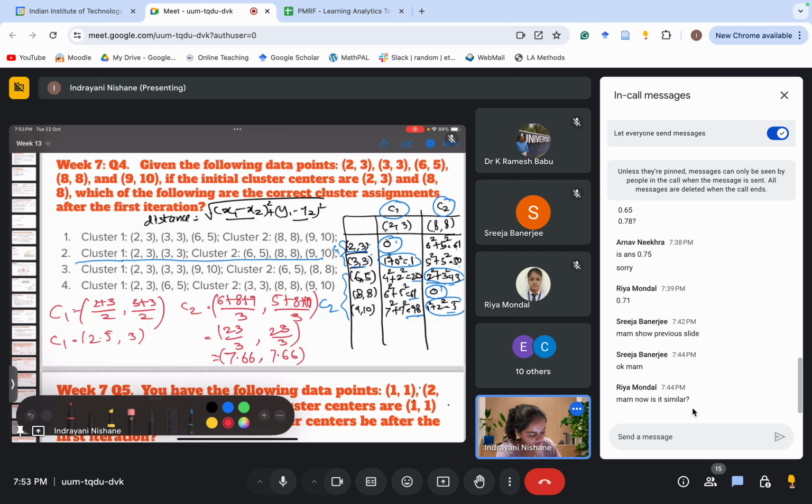So this is the new centroid for the second cluster.